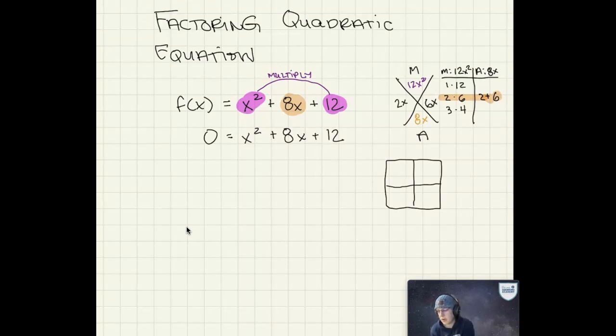Okay, so now we're switching it up a little. So now you're going to fill in your box. So you've got your x squared in one corner. And you have your constant, your last term, in the other corner.